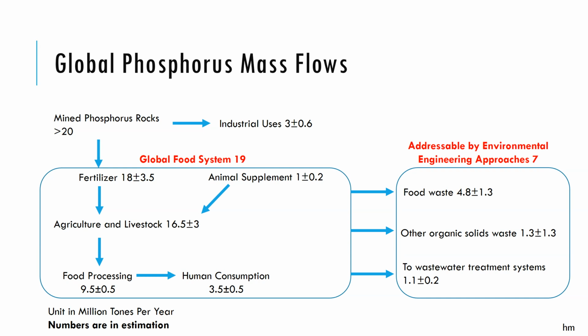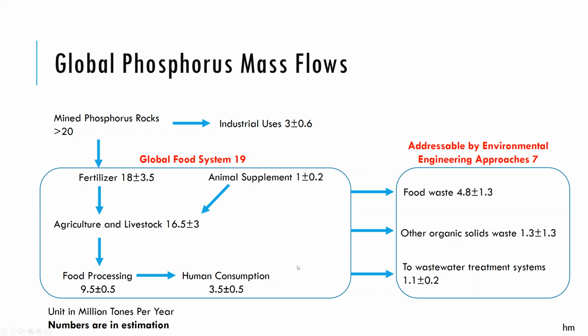And ultimately, after we've consumed a portion of the food that's being created, we end up with a bunch of things that we have to get rid of, or at least treat. And so there's a box on the right-hand side of the slide, which tries to explain how, from an environmental engineering perspective, we can manage this loss of phosphorus from the global system.